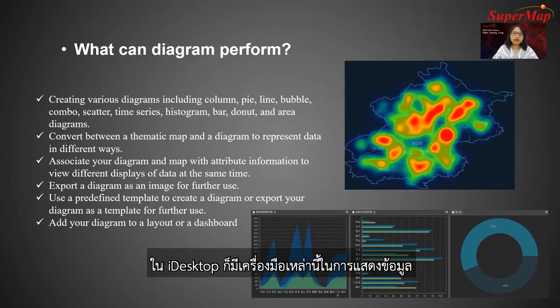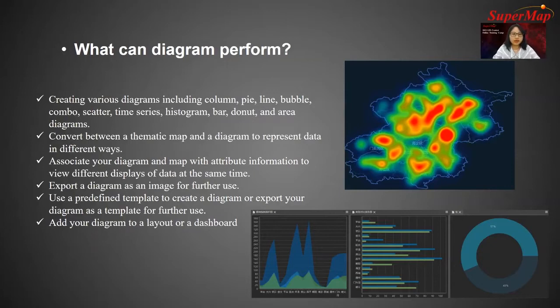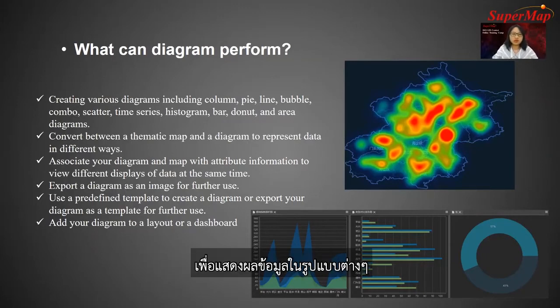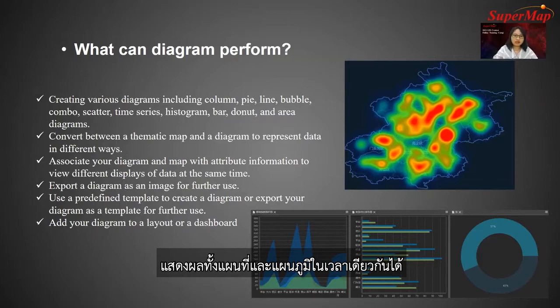So SuperMap Desktop also supports this way to statistic your data. What's more, we can also provide the method to convert between a thematic map and a diagram to represent the data in different ways. And also in SuperMap Desktop, you can associate your diagram and map with attribute information to view different displays of data at the same time.